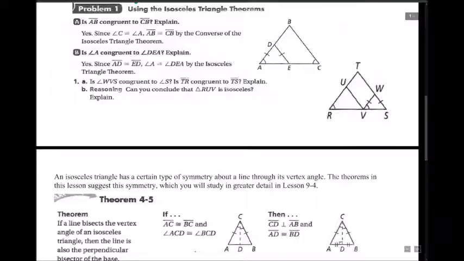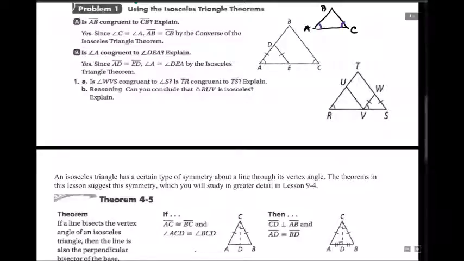We want to know, is segment AB congruent to segment CB? So I'm looking at my diagram here, and I am dealing with just the big triangle. So I am going to redraw ABC, and what do I have given to me? Well, I know that angle A and angle C are congruent.